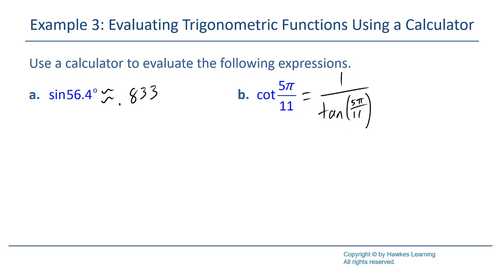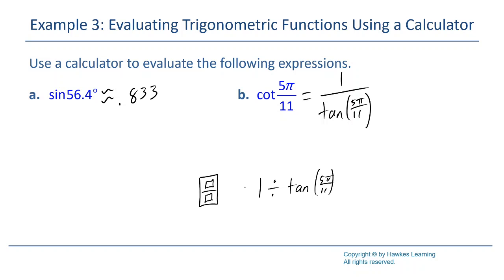So when I plug this in, you can either do 1 over. Some of them will have a little fraction button like this, which then you can actually plug it in like this. Or you may have to do 1 and then divided by tangent of 5 pi over 11. Either way is going to work.